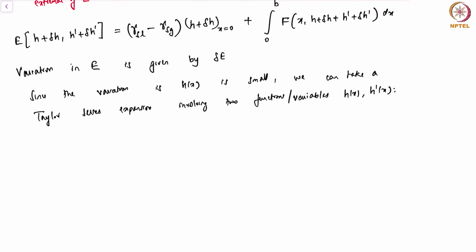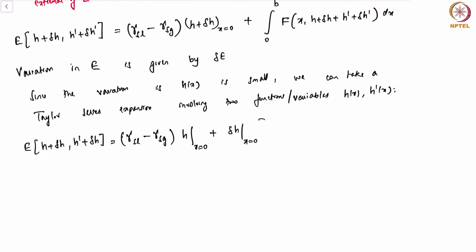Okay, so what will this give me? It will tell me that E at h plus delta h, h prime plus delta h prime essentially is going to be gamma SL minus gamma SG of h at x equal to 0 plus delta h at x equal to 0. This is the first term.